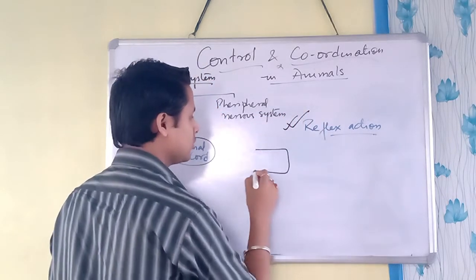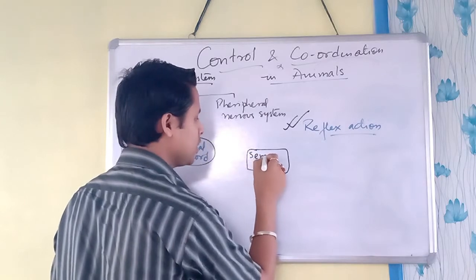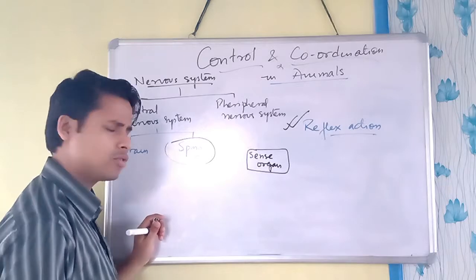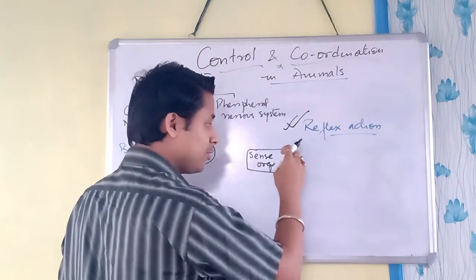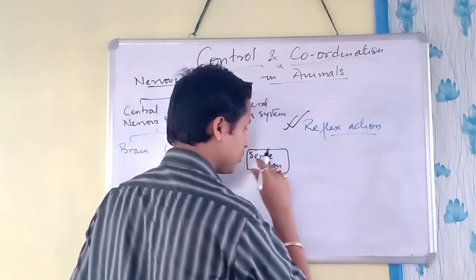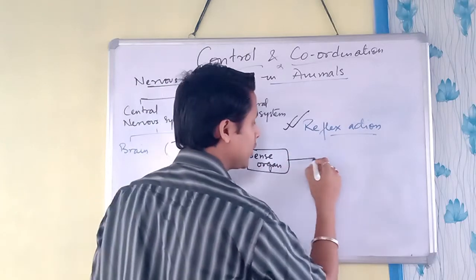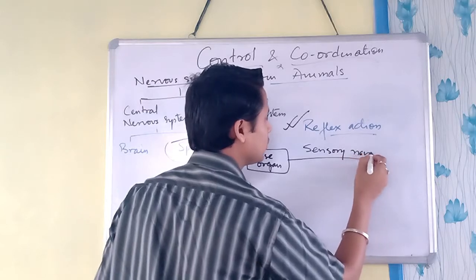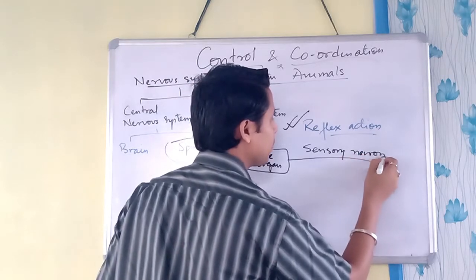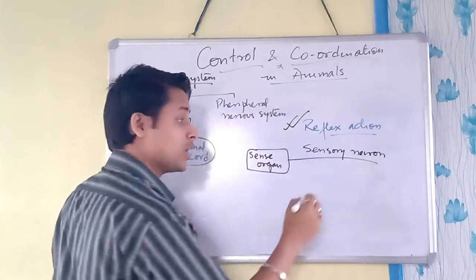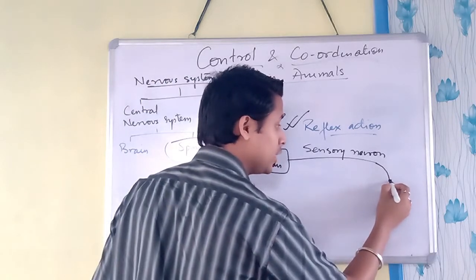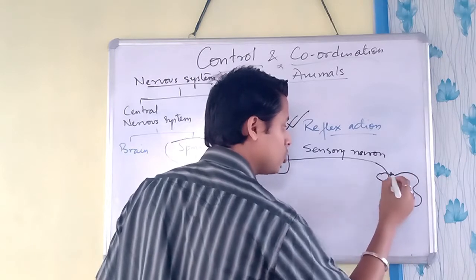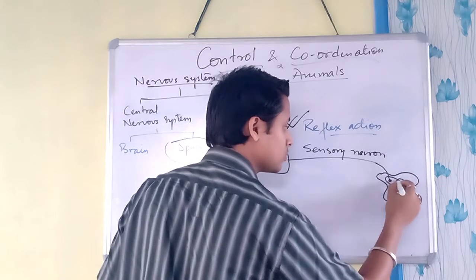The sense organ is receiving the information, right? This information will be further carried by the sensory neuron. This sensory neuron will enter into the spinal cord, right?